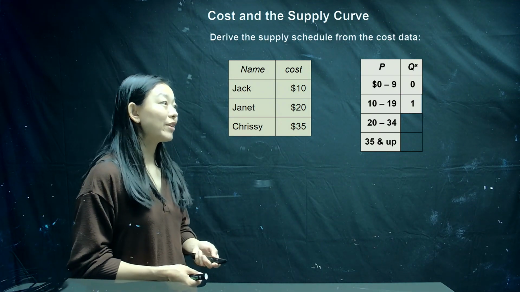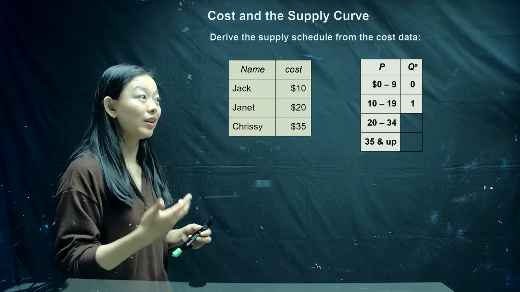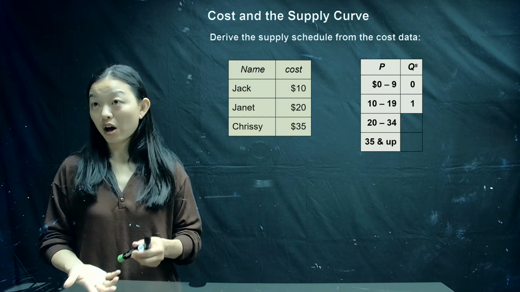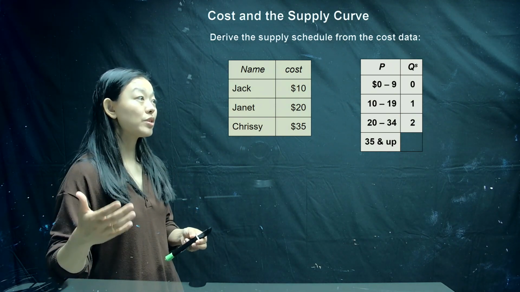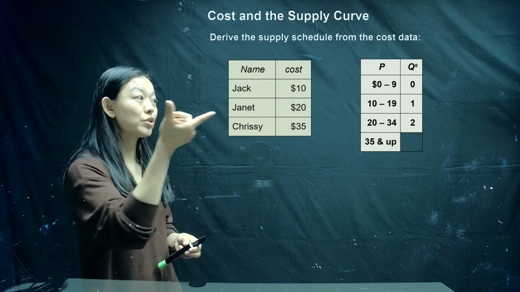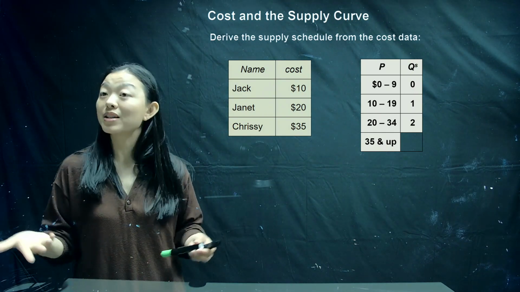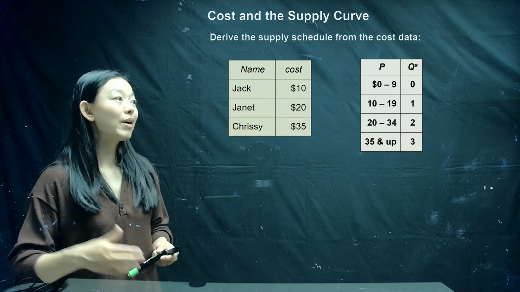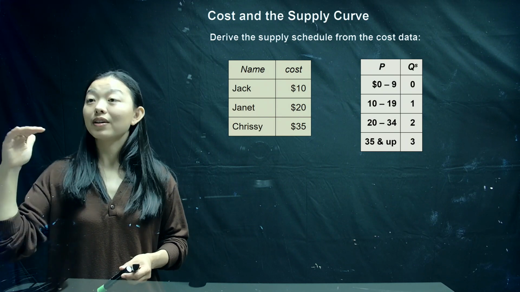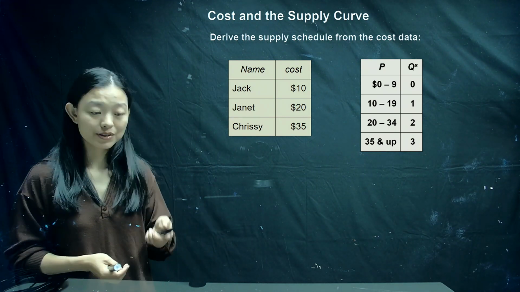However, if the market price lies between $10 and $19, we now know that Jack would definitely offer the lawn cutting service, right? And if the market price increases to $20 to $34, then two sellers can offer the lawn cutting service, etc. When the market price is $35 or higher, then all three of them can offer the lawn cutting services.